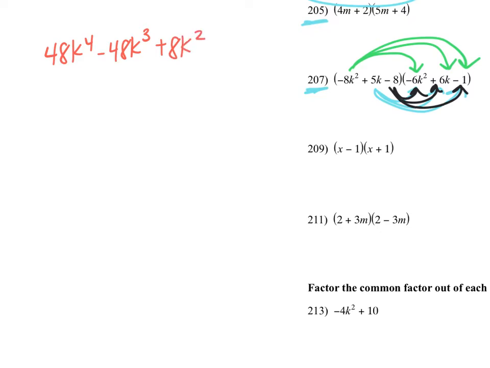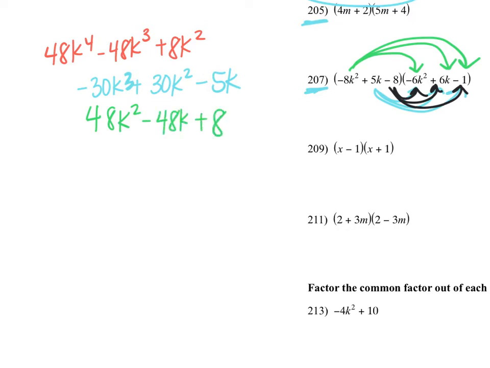And then in my blue, 5k, so you get negative 30k squared plus k cubed plus 30k squared minus 5k. And my last one, negative 8 times 6 is 48k squared minus 48k plus 8.